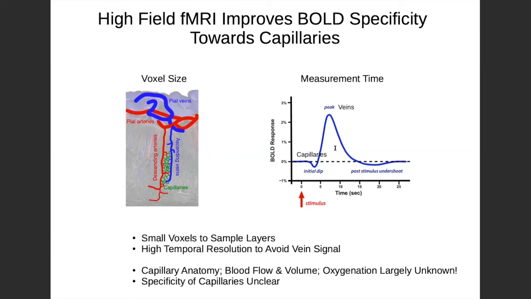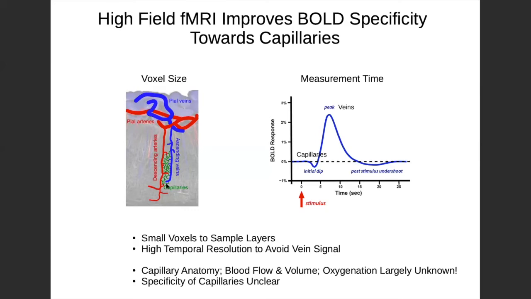That can be illustrated using this oversimplified BOLD curve and this inset of the vascularization. The advantage of gradient echo sequences is that they allow you to have small voxels within a short measurement time. With other techniques that gets a little bit more difficult, and you need small voxels if you only want to measure the gray matter.